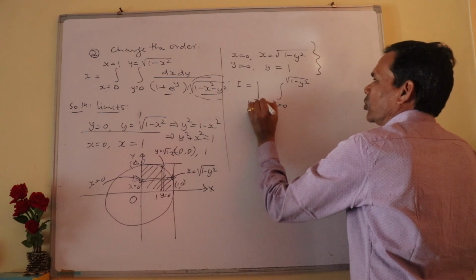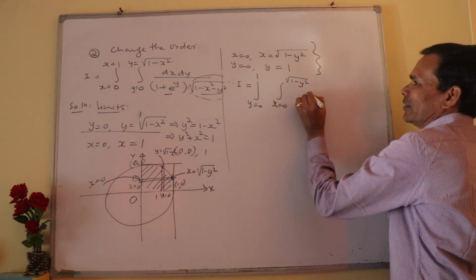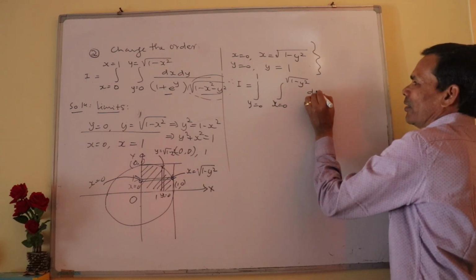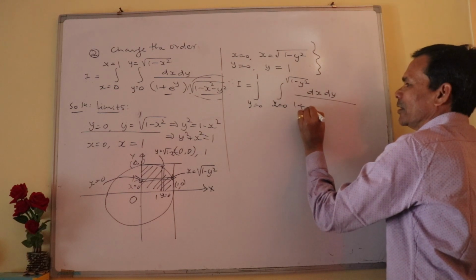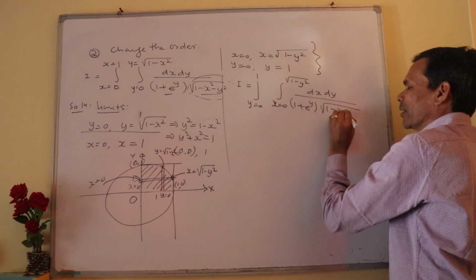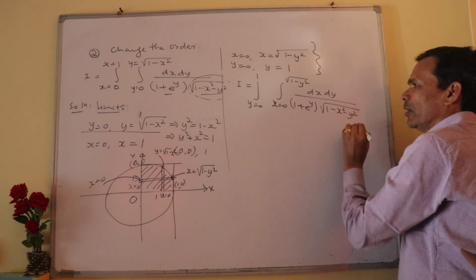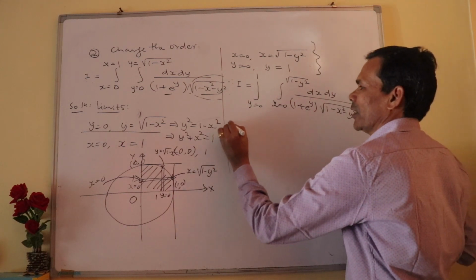y is equal to 0 to 1. Then I write down this as dx dy divided by 1 plus e raised to y into root of 1 minus x square minus y square. Now with respect to x we have to integrate, so I take this outside.